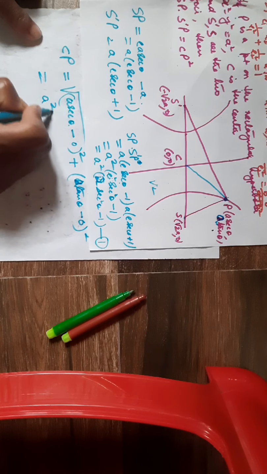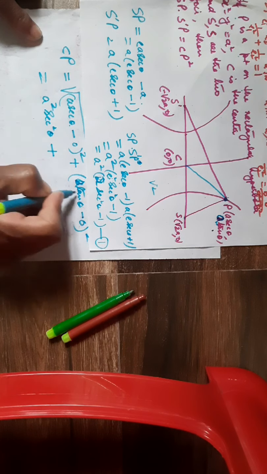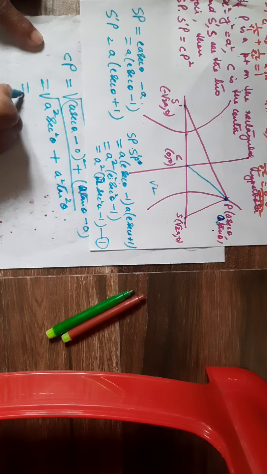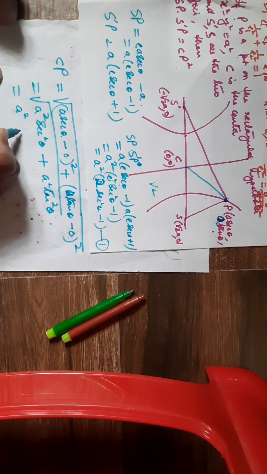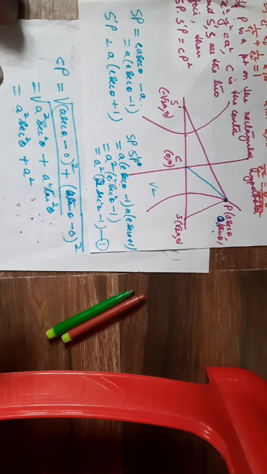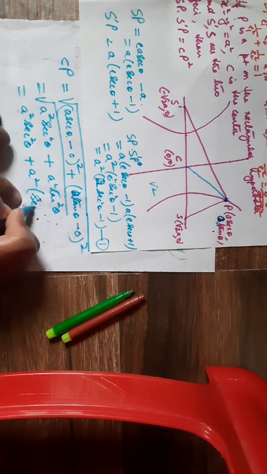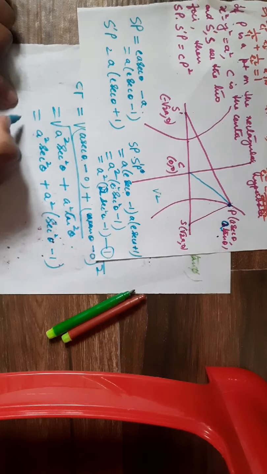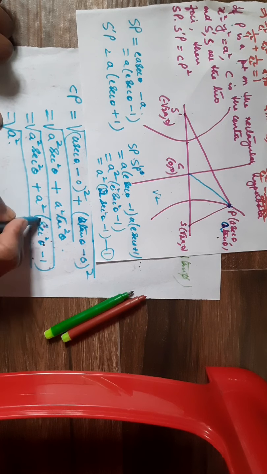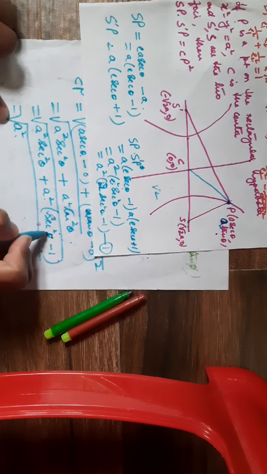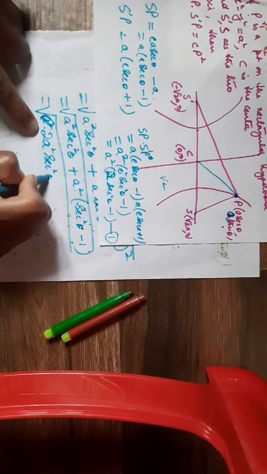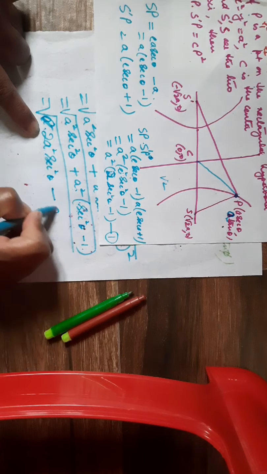So this will be the square root of a square secant square theta plus a square tan square theta. Now what is tan square theta? Tan square theta is the same as secant square theta minus 1. So this is equal to a square secant square theta plus a square secant square theta minus a square, which gives 2 a square secant square theta minus a square.